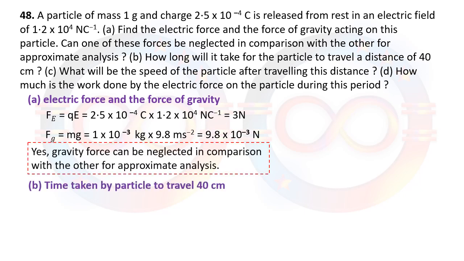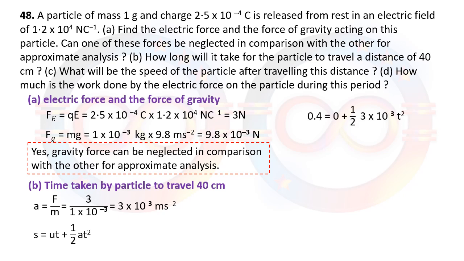Now B part is there, time taken by the particle to travel 40 centimeter. Look at this, acceleration will be there because of electric force, that is F upon mass. Acceleration is 3 into 10 raised to 3 meter per second square. S is equal to ut plus half at square formula if you are going to use. You put all the values like s as 0.4 meter, you are starting with rest, so u will be 0, then half, a is 3 into 10 raised to 3, into t square.